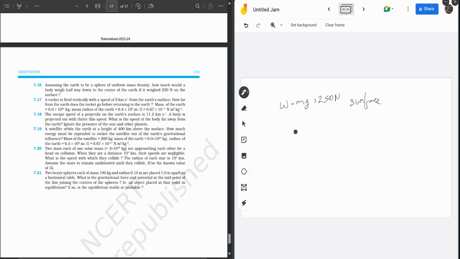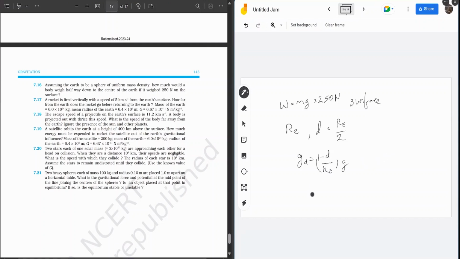Now the radius of Earth is Re, and let us say d is the distance halfway to the center of the Earth, so d is Re by 2. Now acceleration due to gravity at depth d is given by g d, which is (1 minus d by Re) into g.